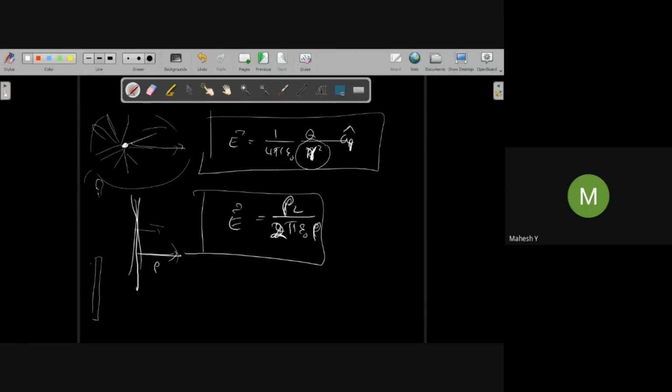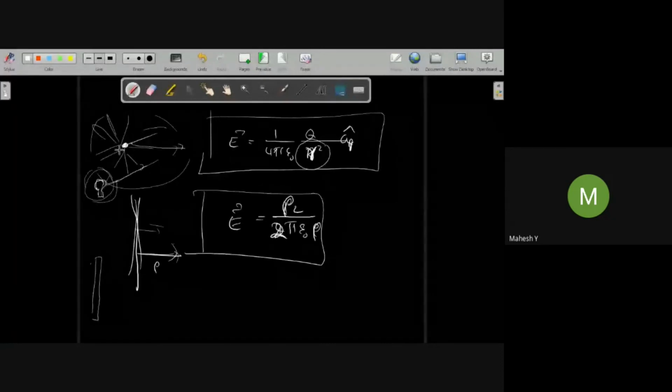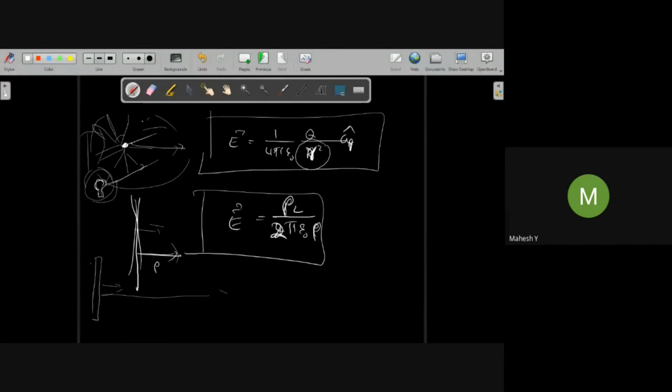It will be bright near the bulb, but as you move away from the incandescent, which acts like a point source, the light intensity goes on decreasing as the square of the distance. But if you put a tube light, which acts like a line charge, what happens to the light intensity? It will give a longer range compared to the incandescent light, right? So this is how the field is due to a line charge.